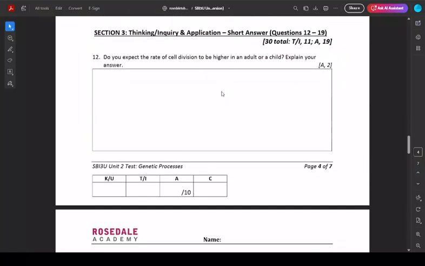Okay, so do you expect the rate of cell division to be higher in an adult or child? I'll give you a second to think. Okay, so the correct answer is child. Your reasoning should be that children undergo rapid growth and development.